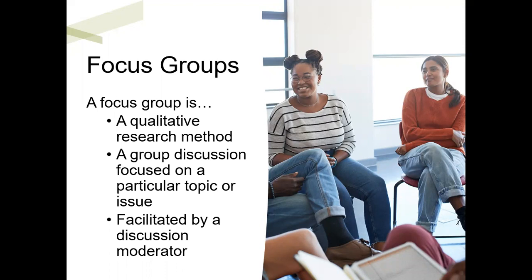When we did the AIDS groups years ago, we handpicked people that had already publicly acknowledged that they were suffering with AIDS, to gather information so that we could build resources that would be supportive in communities and start to look at stigma and all of those kinds of issues that were associated there. And it is facilitated by a discussion moderator. And there are resources that can train you about how to be a discussion moderator.